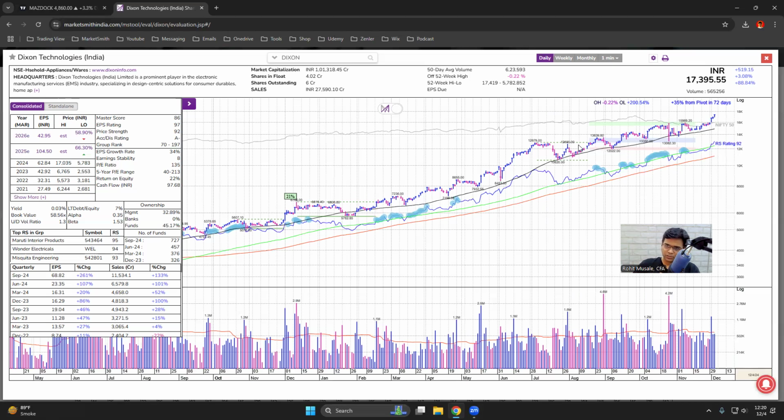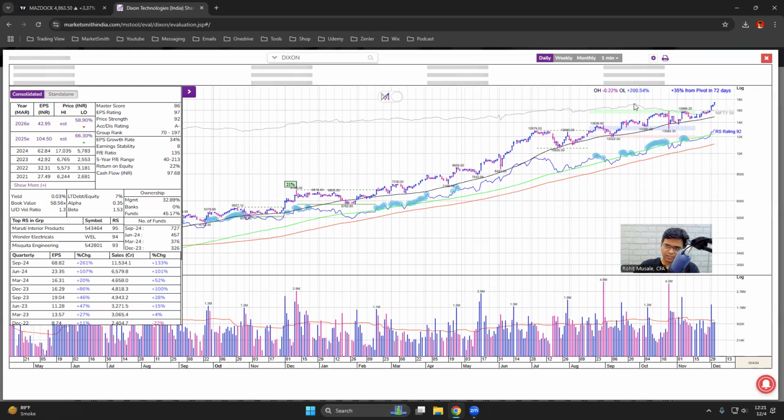Okay. So this low, now let me give you the guideline, what I have understood from Mark Minervini. This number should always be at least 25%. Which means from the low, you want the stock to recover at least 25%. So now you are buying a stock which has already recovered.